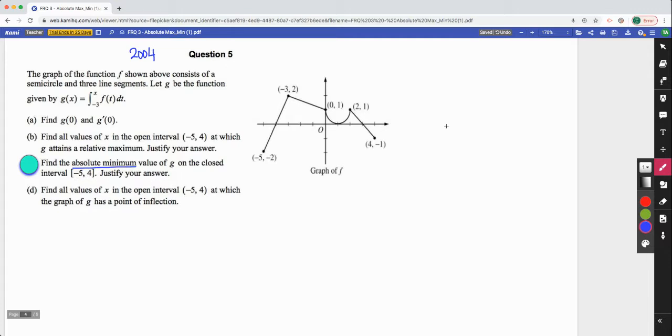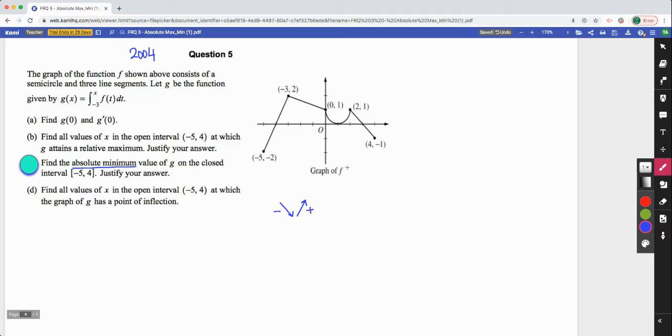Justify your answer. So one more time, an absolute minimum or maximum value can just happen at critical points or endpoints, right? So I need to figure out my critical point here. I already know the endpoints. But before identifying your critical point, remember one more time, an absolute minimum will happen at a critical point where the derivative of your function goes from negative to positive, right?